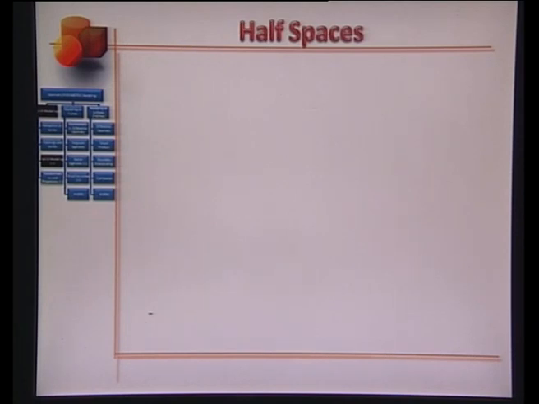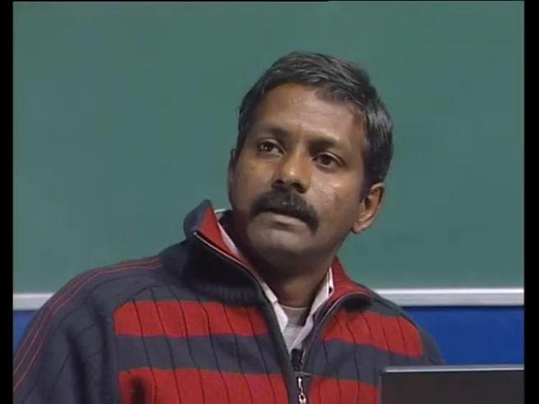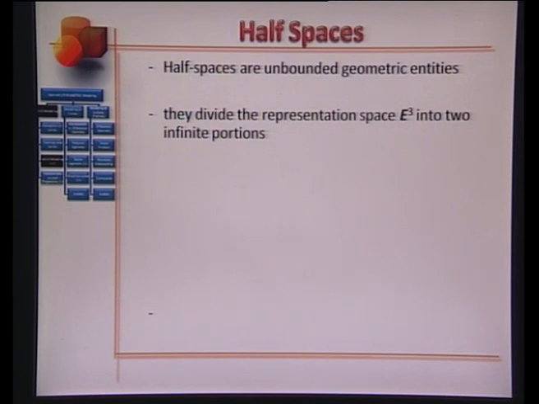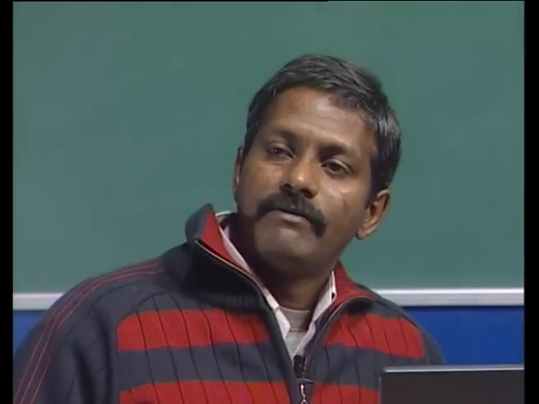Before we start, let's first look at the concept of half spaces. Half spaces are unbounded geometric entities. This is a keyword that works against the concept, but nevertheless, we continue with understanding what half spaces mean to us. Half spaces divide the representation space or the Euclidean space E3 into 2 infinite portions.